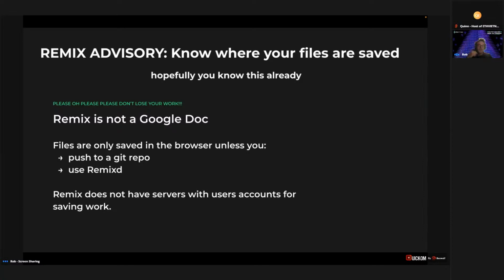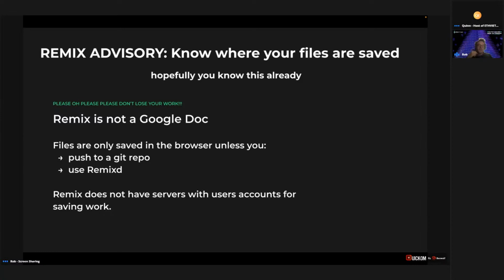And people do lose their work. The way to get around that is to use RemixD, which is an NPM package. If you have that running locally, then you can share a folder on your hard drive with Remix. So it's saving things to your hard drive. Then if the browser crashes, you don't care, because the files are on your hard drive.